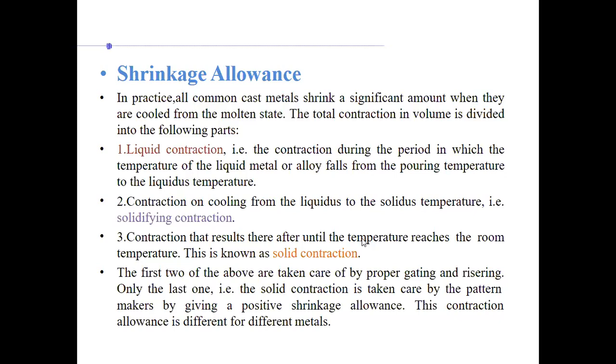So we have to know how much it will contract, and that will depend on the coefficient of thermal expansion, which takes into account both expansion and contraction. So we have to know that coefficient to know how much shrinkage allowance to keep. Is it clear? Shrinkage allowance is a very important allowance usually kept by pattern designers.